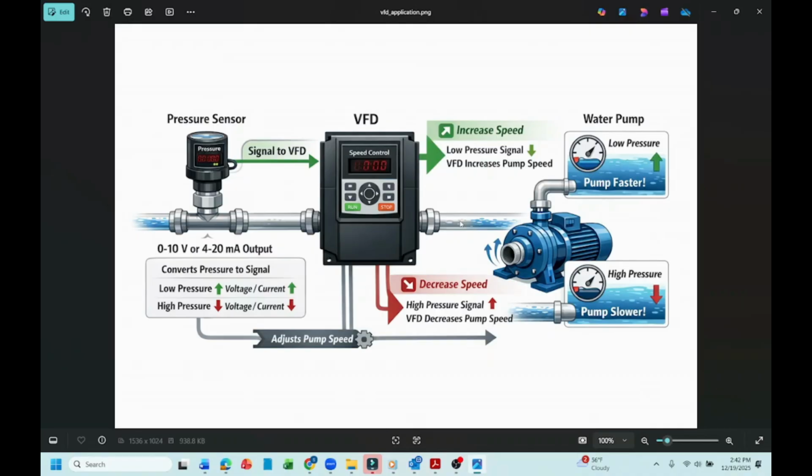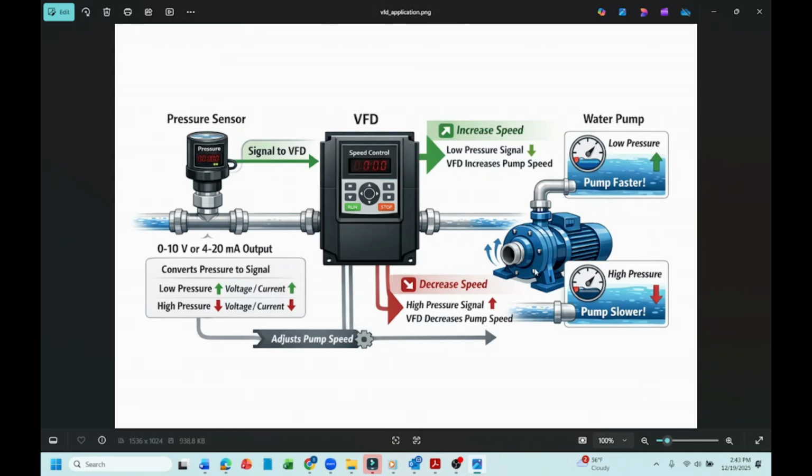Then you need the PID controller that controls this motor so that all the time it keeps the certain pressure. So this gives you a better idea why we have those analog inputs and why we are able to control that with the voltage 0 to 10 or 4 to 20 milliamp.